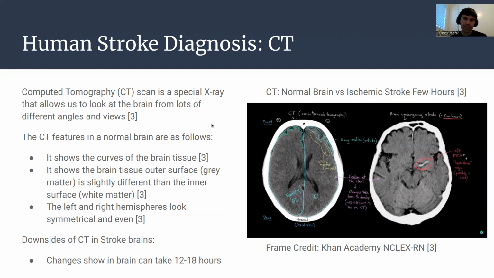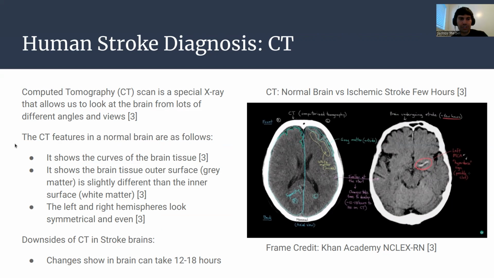A CT is a special X-ray that allows us to look at the brain from lots of different angles and views. In fact, we can also take a set of CT scans and do some computed calculations on it to go from a 2D to a 3D reconstruction, creating a 3D brain model, or a 3D brain model with stroke lesions segmented or detected.